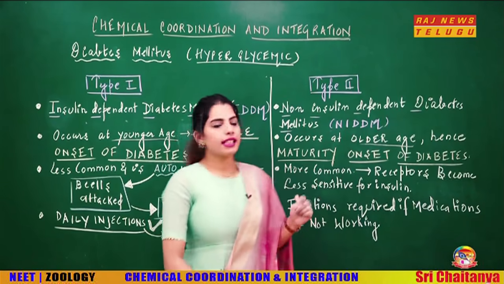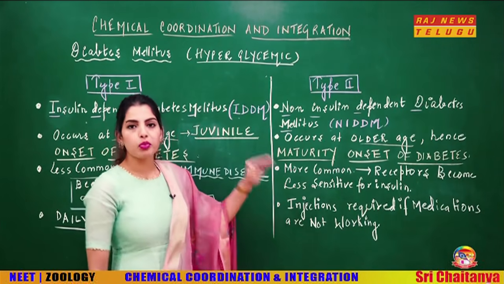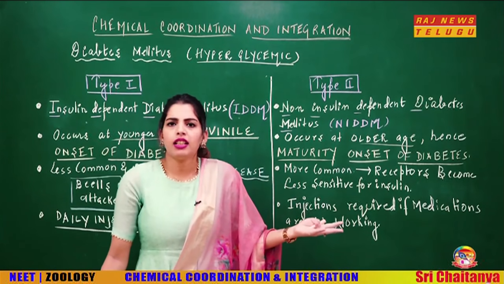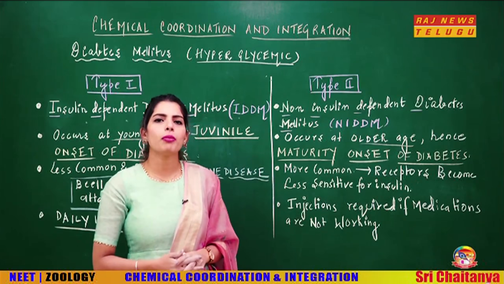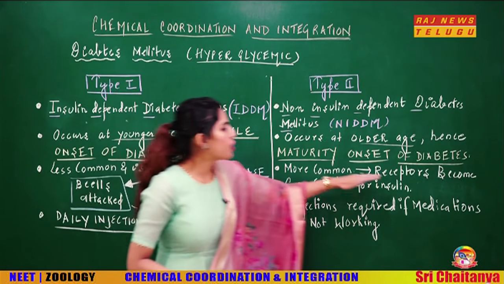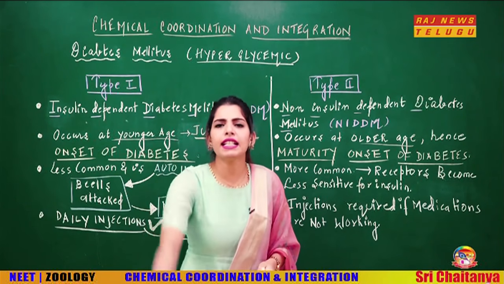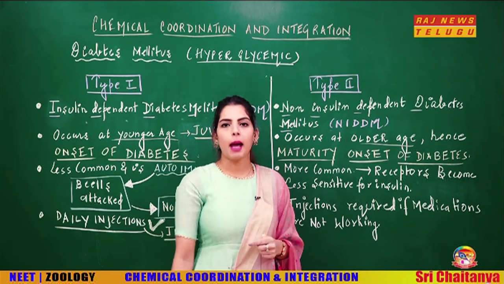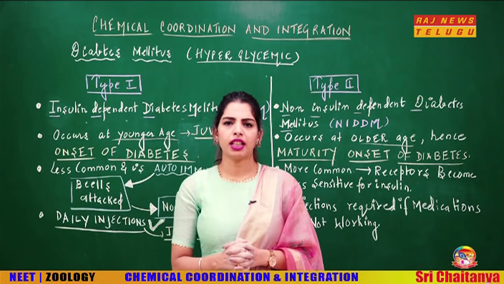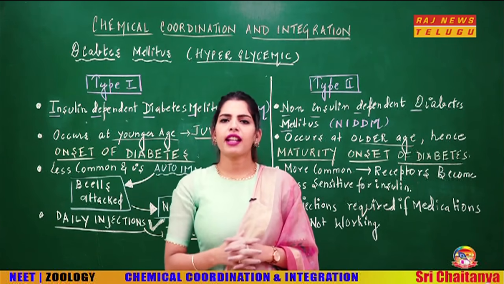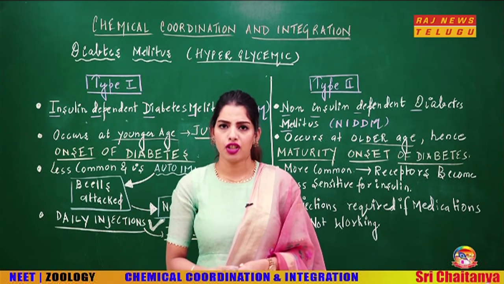When you compare this with type 2, you say that it's more common, but why is it happening? Here the beta cells are working absolutely fine. Insulin level is normal, but what I have written is that receptors become less sensitive for insulin. They become insensitive. Now why is this happening, students? If there is a prolonged hyperglycemic condition. In the very first class, we discussed that hormones require receptors for their action.